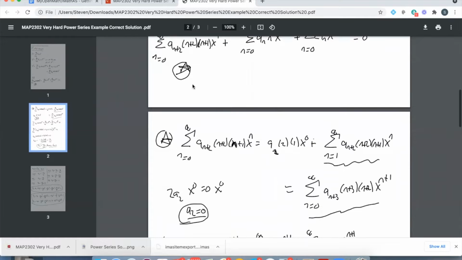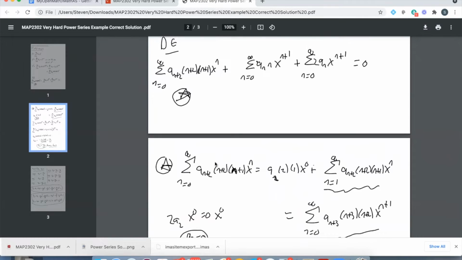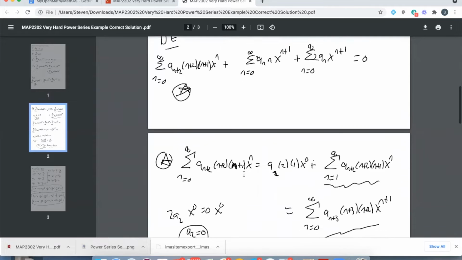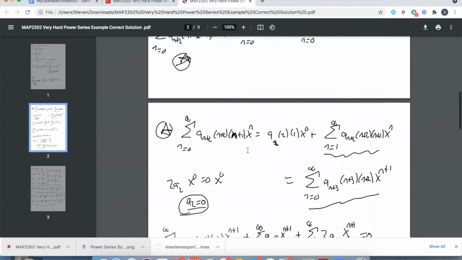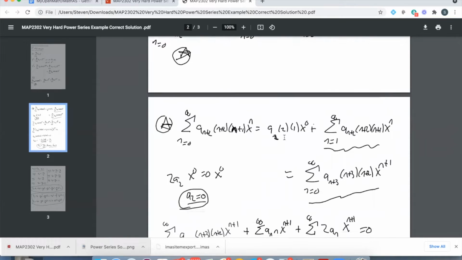Okay, so this first guy, I'm just dealing with just this first guy. If I plug in n equals 0 into him, so I'm plugging into all the n's, n equals 0. So 0 plus 2, a2, 0 plus 2, 0 plus 1, x to the 0.